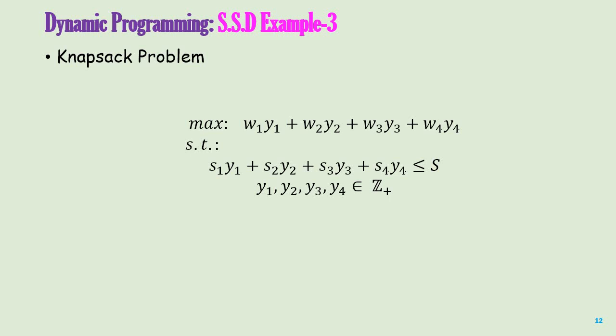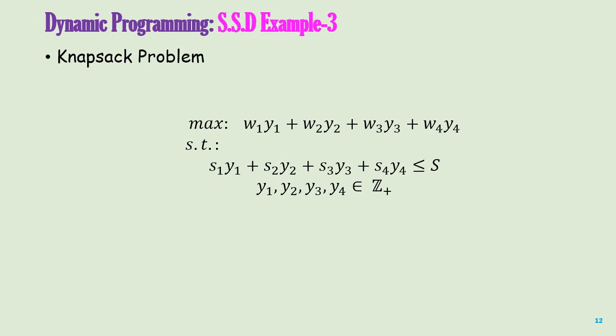For example, y1 represents the number of items of type 1 that you pack. y2 represents the number of items of type 2 that you pack, so on and so forth. And W1, W2 represent the corresponding worth of those items. S1, S2 up to S4 represent the space that is required for each item. And that's the optimization problem.